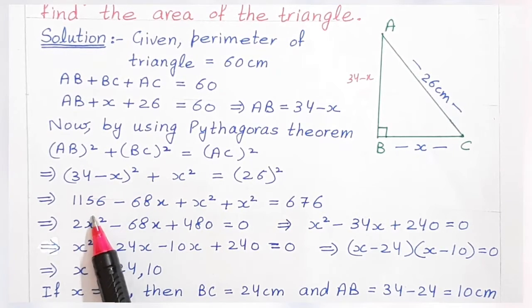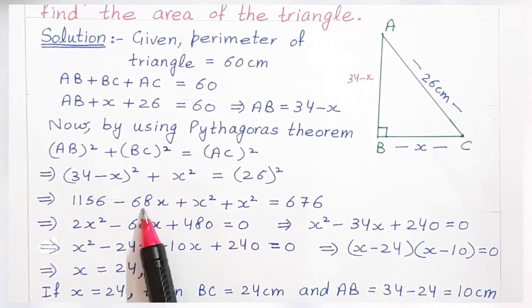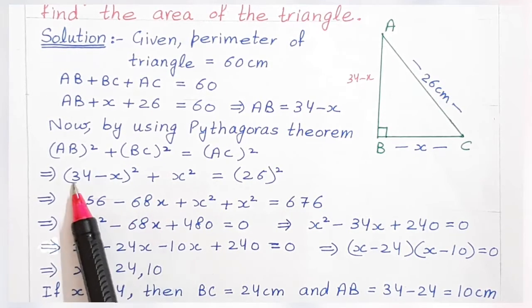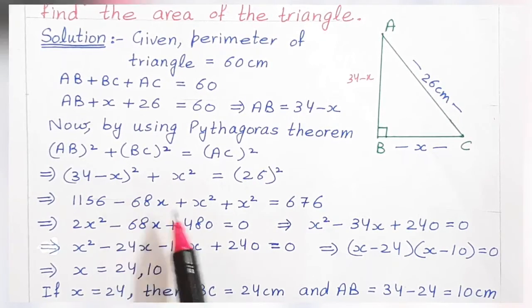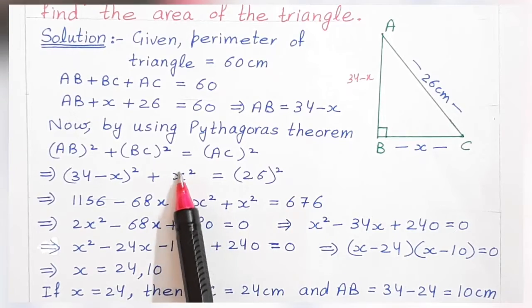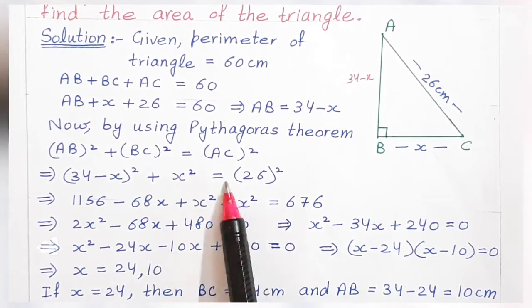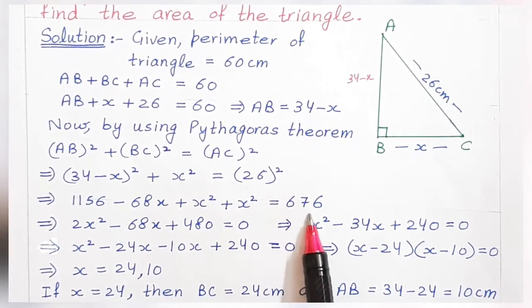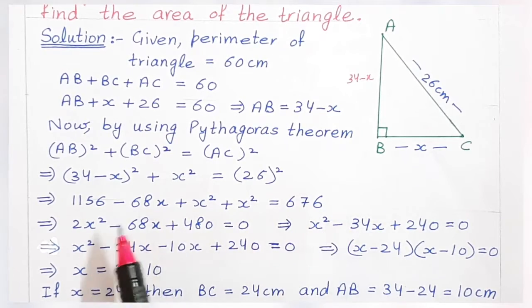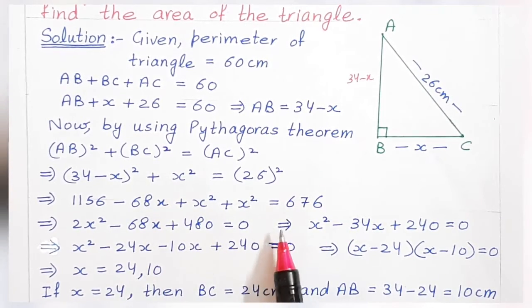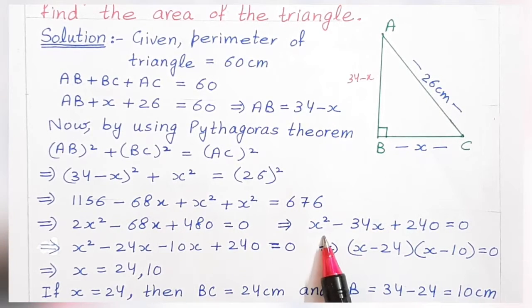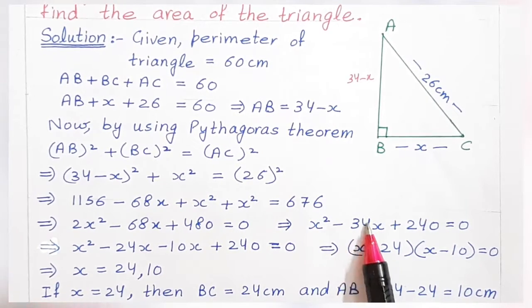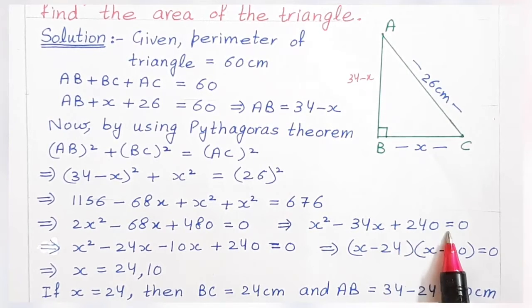That is a square, 34 square, then minus 2ab, that is 34 into 2 into x, that is 68x, then x square. Clear? And this another x square, that is equal to 676. Now we can see that we have a quadratic equation. That is x square minus 34x plus 240.